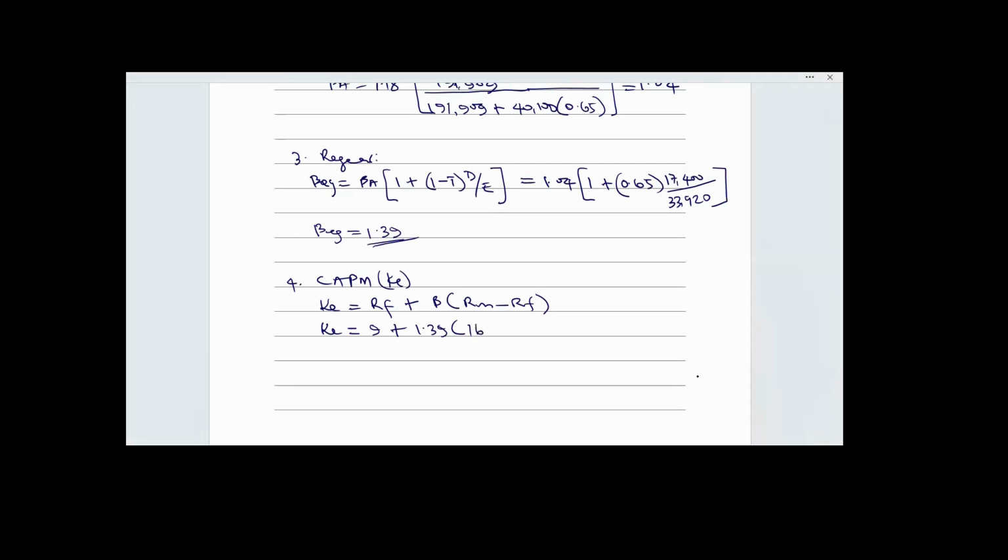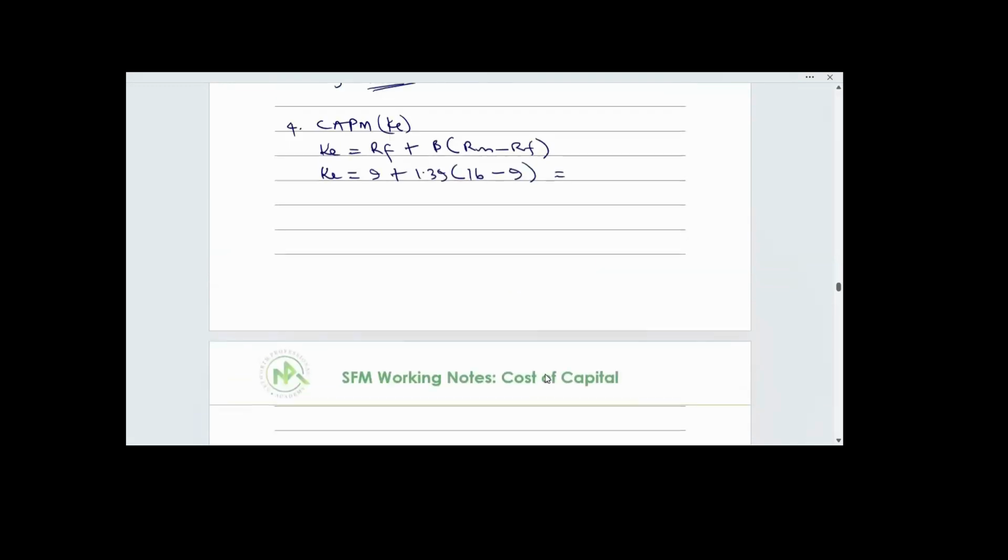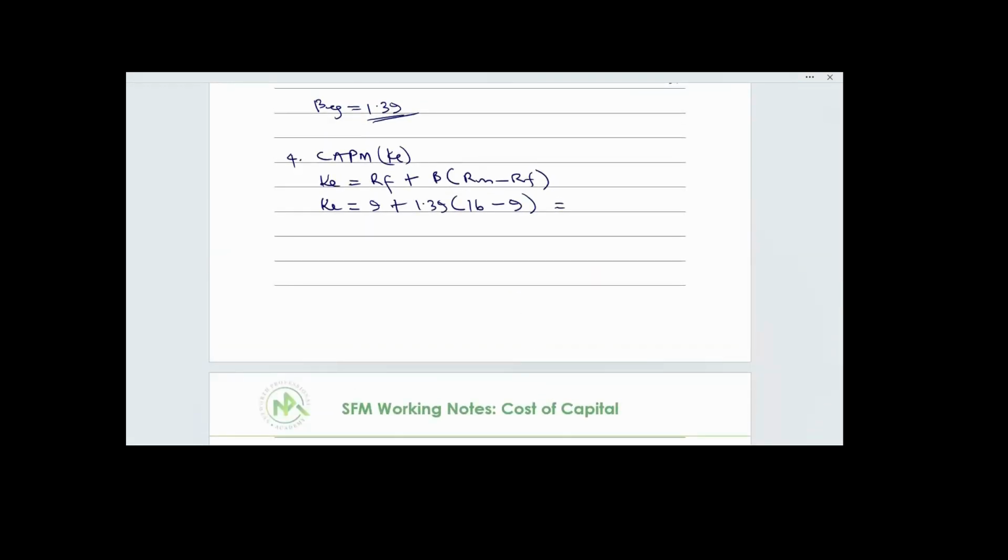Here is 16 minus 9, which is 7, multiplied by 1.39 equal, plus 9 equal 18.73.